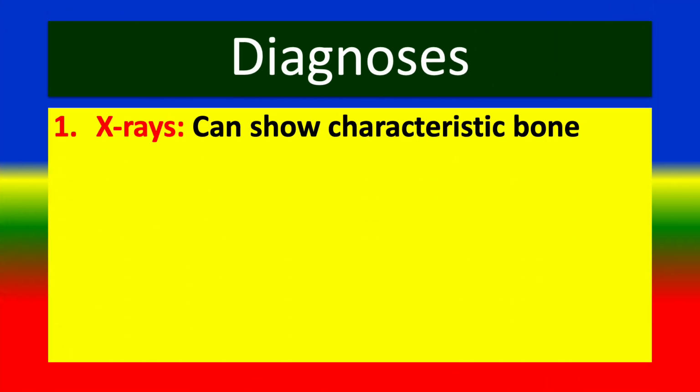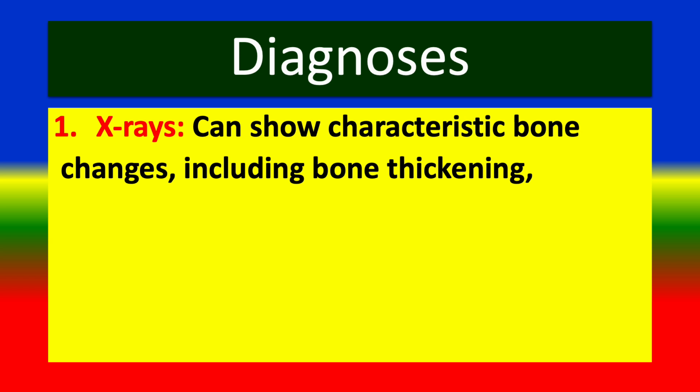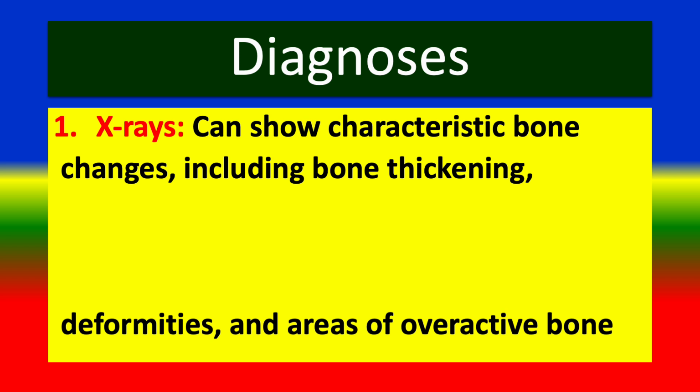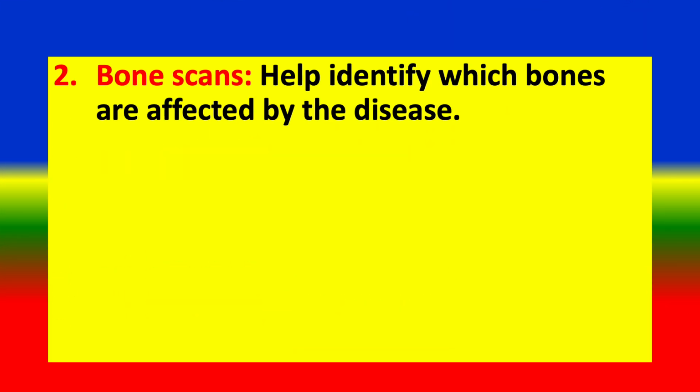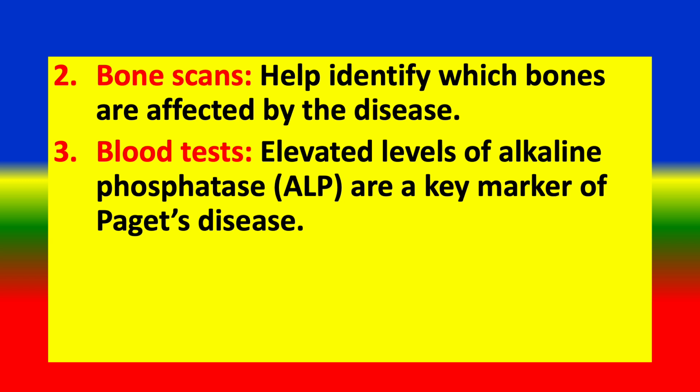Diagnosis. 1. X-rays can show characteristic bone changes including bone thickening, deformities, and areas of overactive bone formation. 2. Bone scans help identify which bones are affected by the disease. 3.